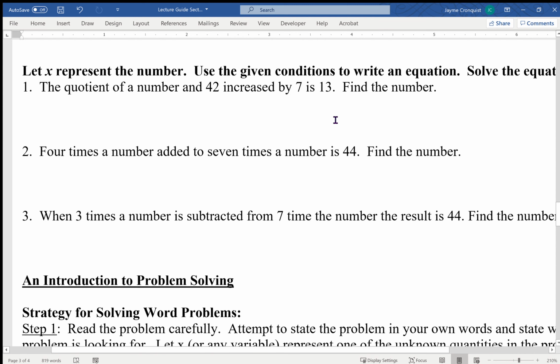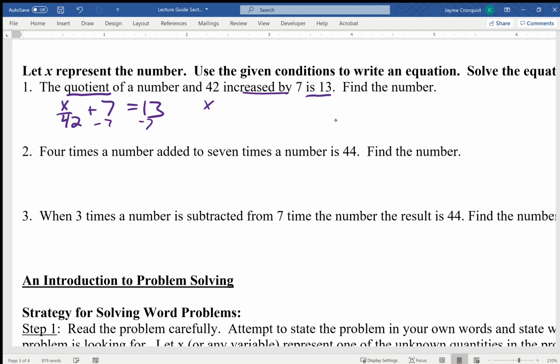All right, let x represent the number. Use the given conditions to write an equation and then solve it. So the quotient, division of a number and 42, increased by 7 is 13. All right, so I'm going to subtract the 7.